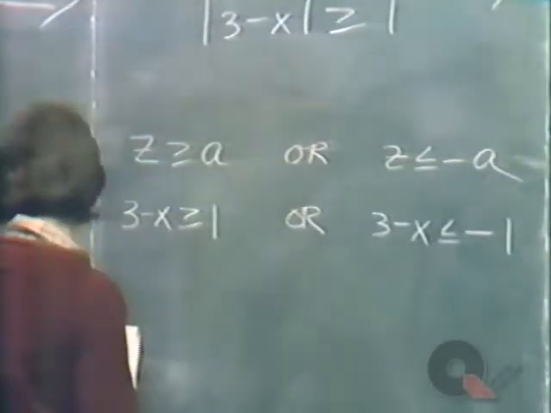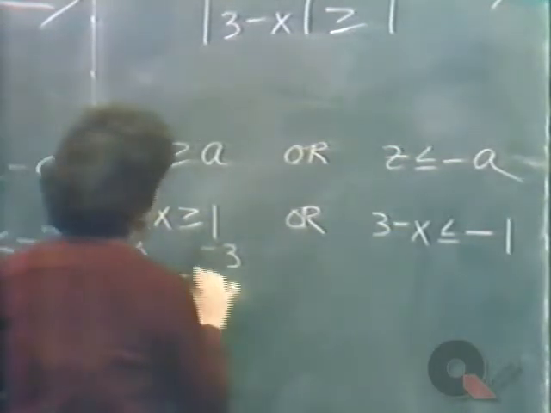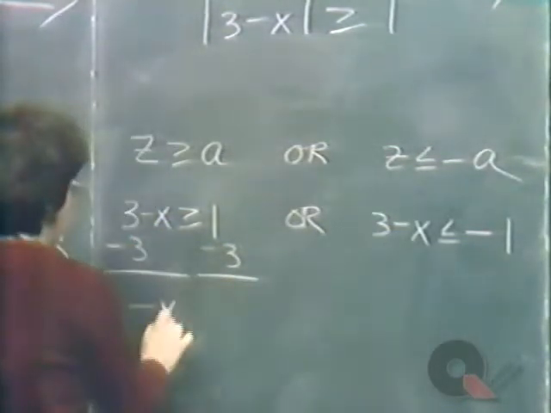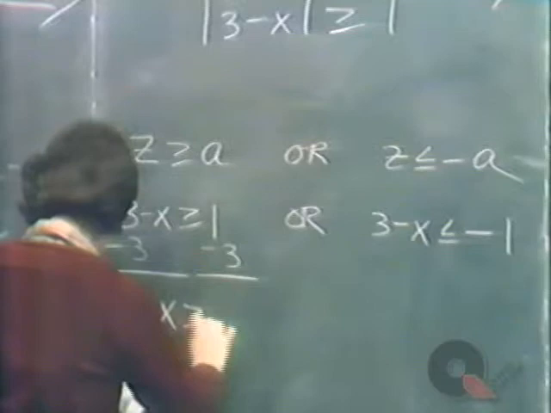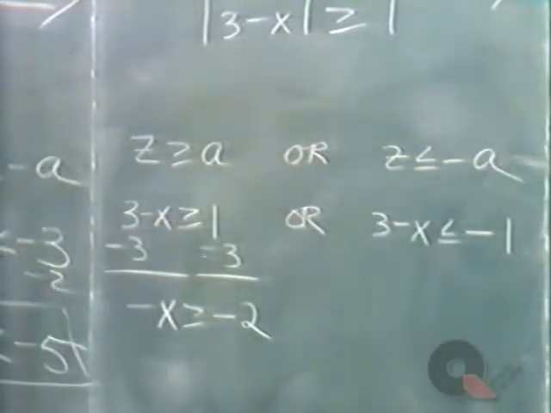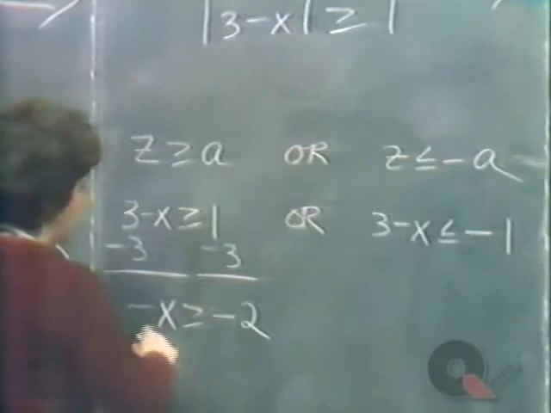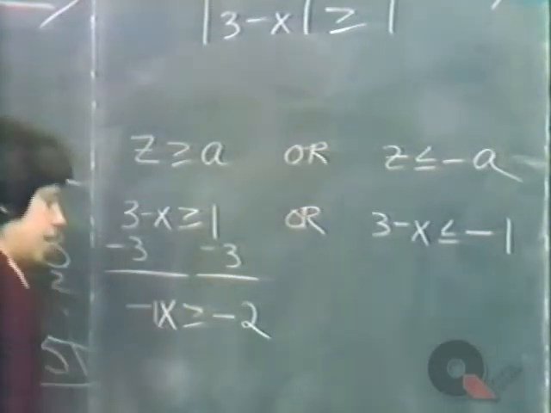Okay, here subtracting 3 from both parts, we get minus x is greater than or equal to minus 2. And we would like to get x alone. So we will divide both sides by minus 1. Remember, this is like minus 1x.